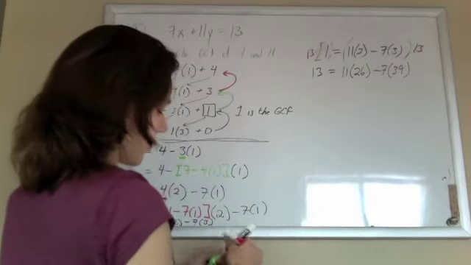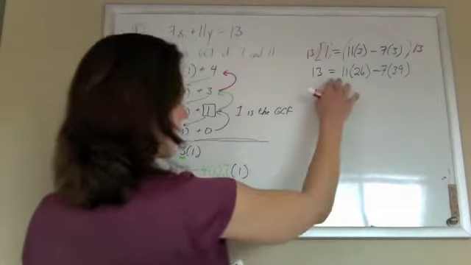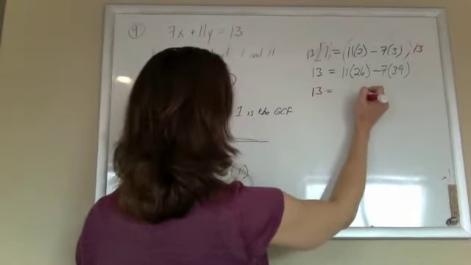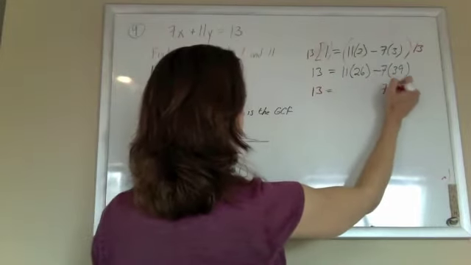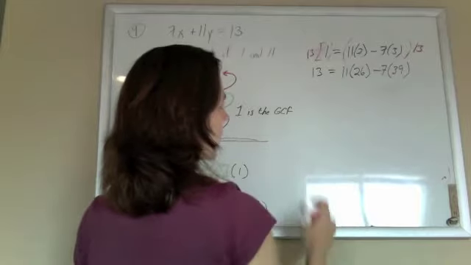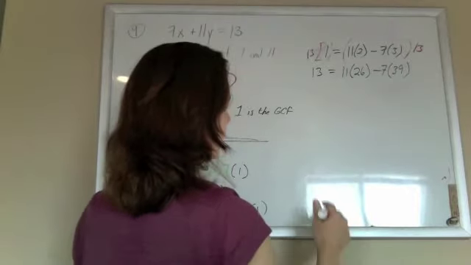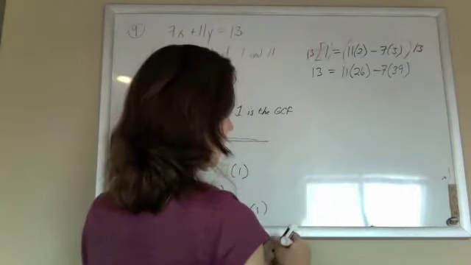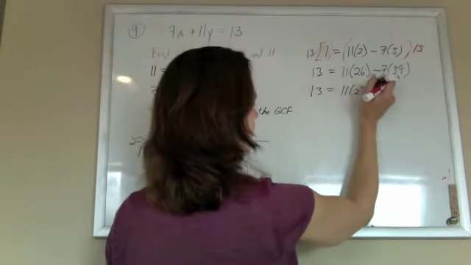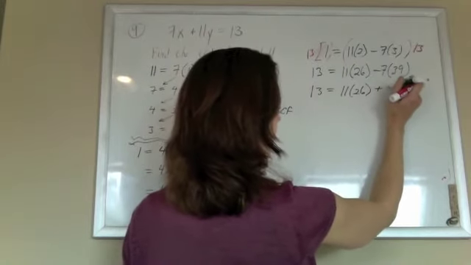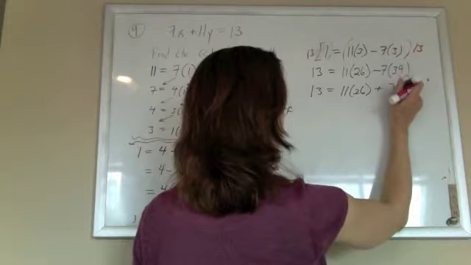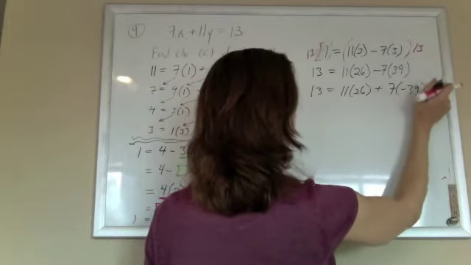So now if I compare this guy to what I want, right? 13 equals 7x plus 11y. Couldn't I rewrite this as 13 equals 11 times 26 plus 7 times negative 39?